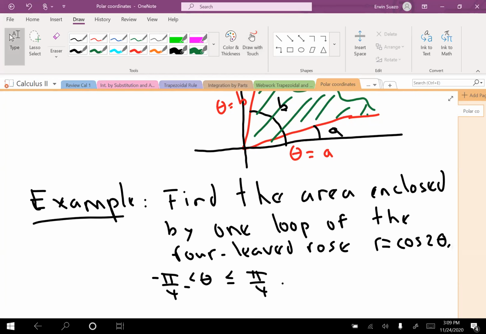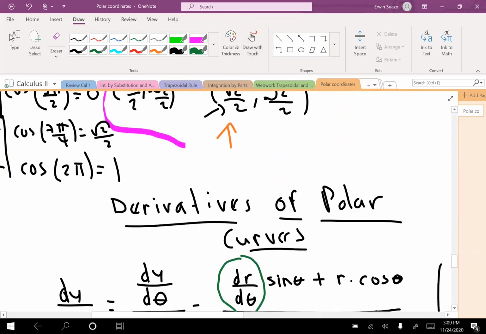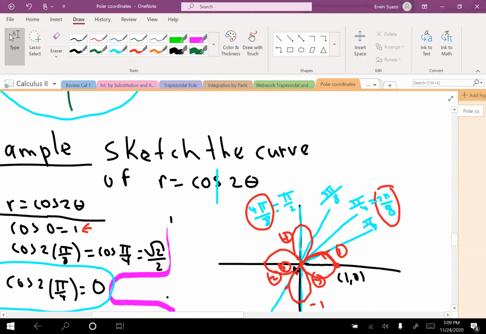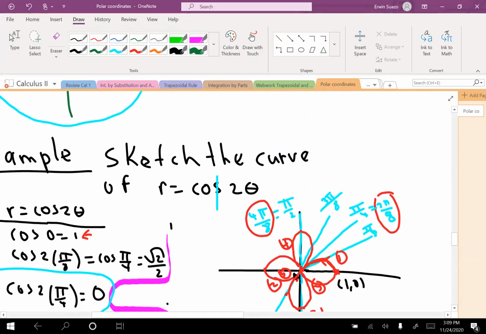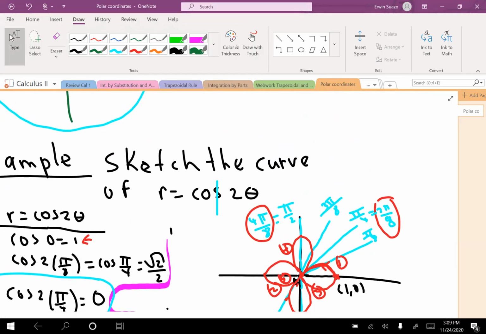So that one was this one over here. So we need to find the area of that that is enclosed, for this we need to find this area. Okay. As we saw, this angle is pi fourths.